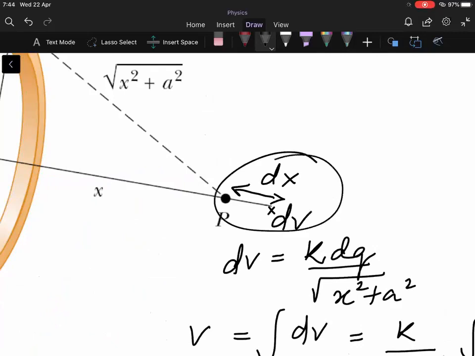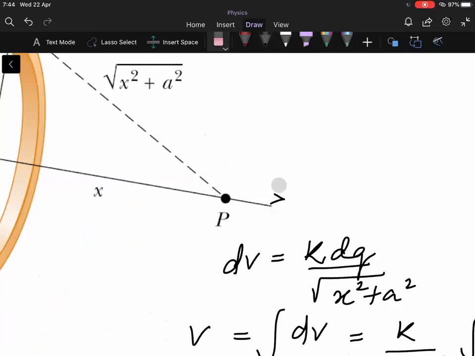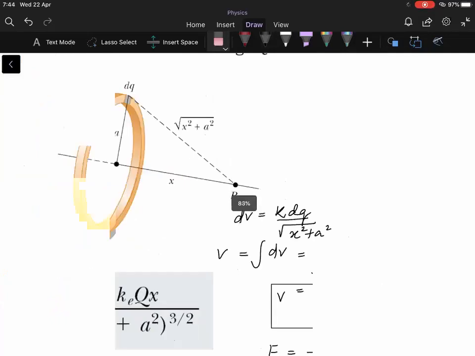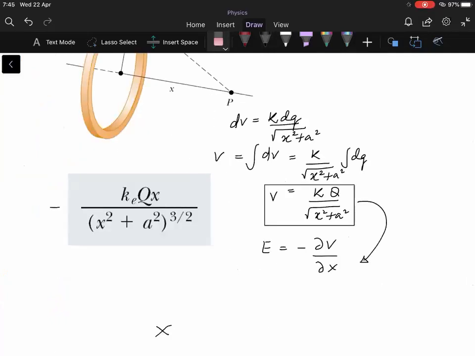So the rate at which this potential is changing, dV by dx, will give me the strength of the electric field at point P. So I want all of you to differentiate this and see whether you are getting this as the result or not. I'll give you another 5 minutes.